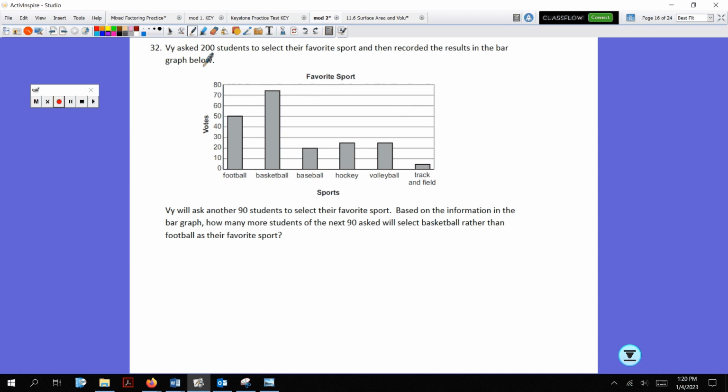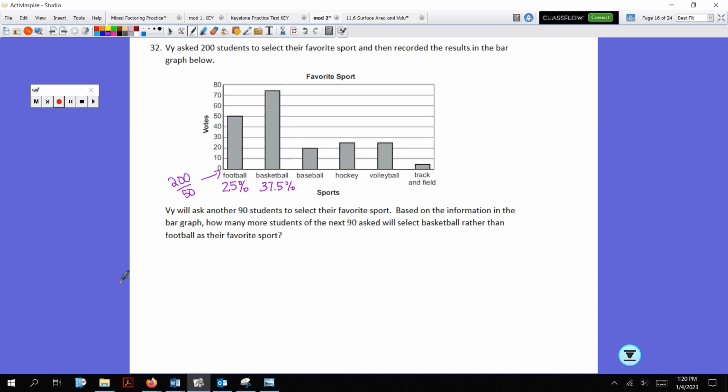They asked 200 students to select their favorite sport. So to find the percentage, you take 50 and divide by 200, and that means football is 25%. For this one, 75 divided by 200 gives me 37.5%. Once you divide, you multiply by 100 to get the percent.